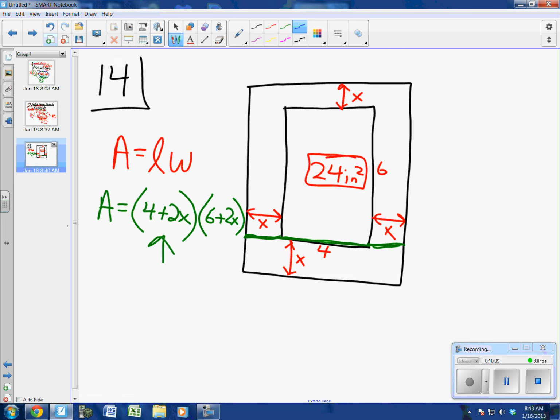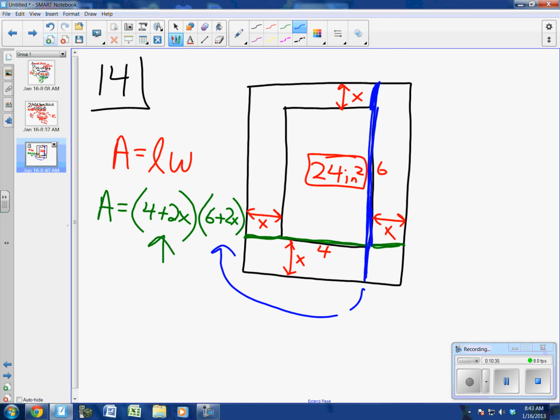Then, how long is this length from here to here? Well, you've got an x, a 6, plus another x makes 6 plus 2x, right? Do you see that? You got 4 plus 2x times 6 plus 2x. There's your length and width.